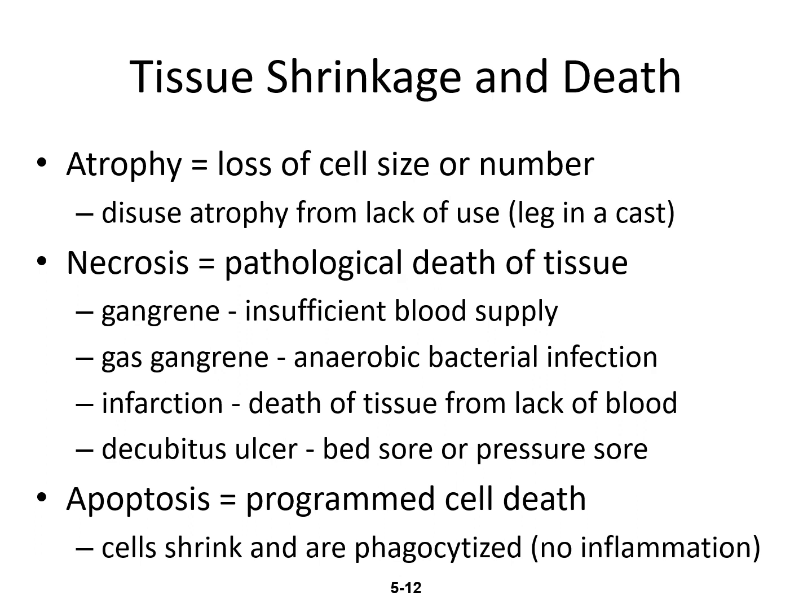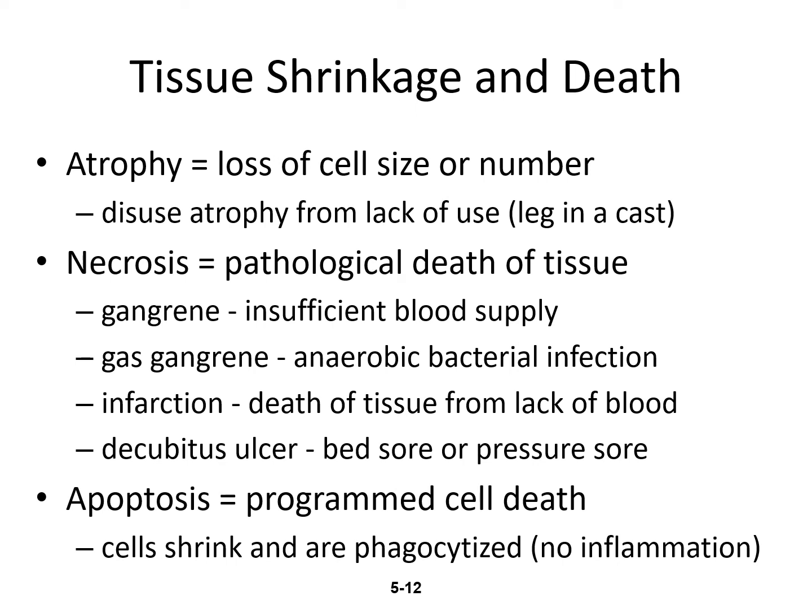For example, if you break your leg, you can develop disuse atrophy from lack of use if your leg is in a cast. Necrosis would be pathological death of tissue, and there's a number of different examples here. Gangrene, insufficient blood supply. This is often a problem with diabetes, for example, in the extremities.